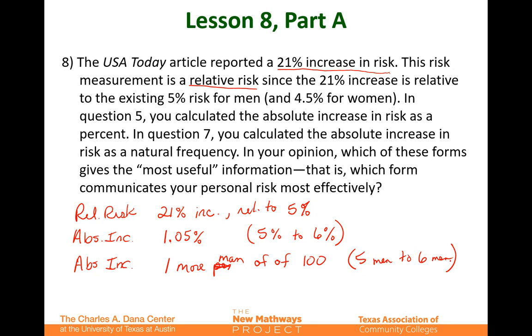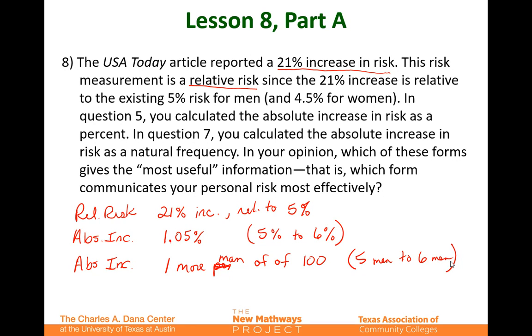Okay. So we're looking at this same risk, but we're just looking at it in different ways. Notice if I said that eating 1.7 ounces of processed meat every single day would result in one more case of colorectal cancer out of every group of 100 men, you might not have been as impressed. It sounds bigger when you say it's a 21% increase.